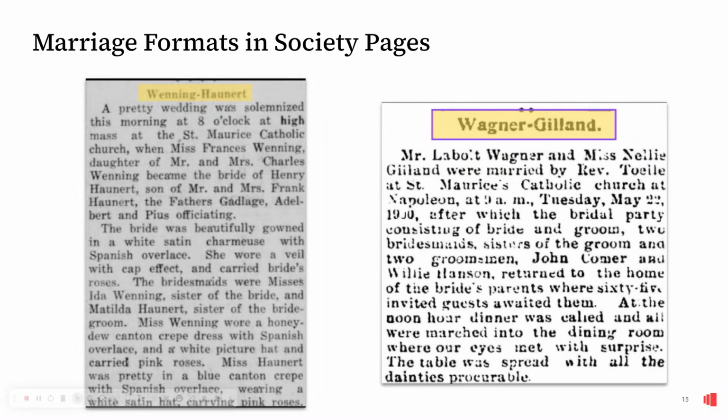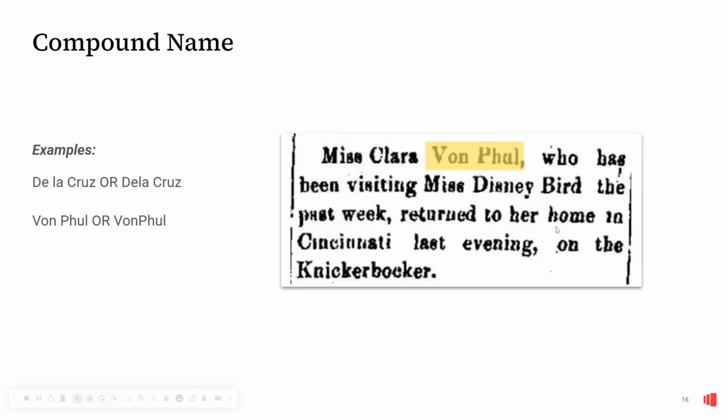So for instance, in this example here on the left, Winning Honert is the female surname, male surname. So female, male. And in this example over here, we have the male, female. So they flipped it. So when you're looking for those two surnames in a marriage format, think it could be both ways. So try both options when you're searching.